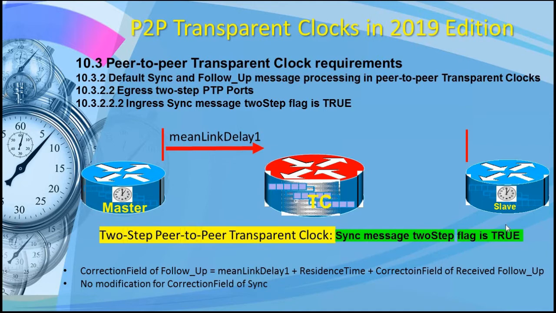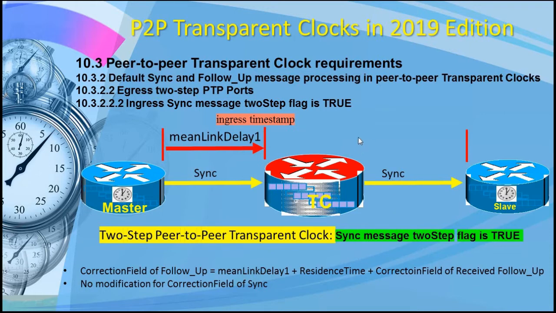The second scenario is when the sync message two-step flag is true, which means the follow-up message will be received on the ingress port of the TransparentClock. After receiving the sync message on the ingress port, it generates the first timestamp, called the ingress timestamp, and then sends out the sync message.